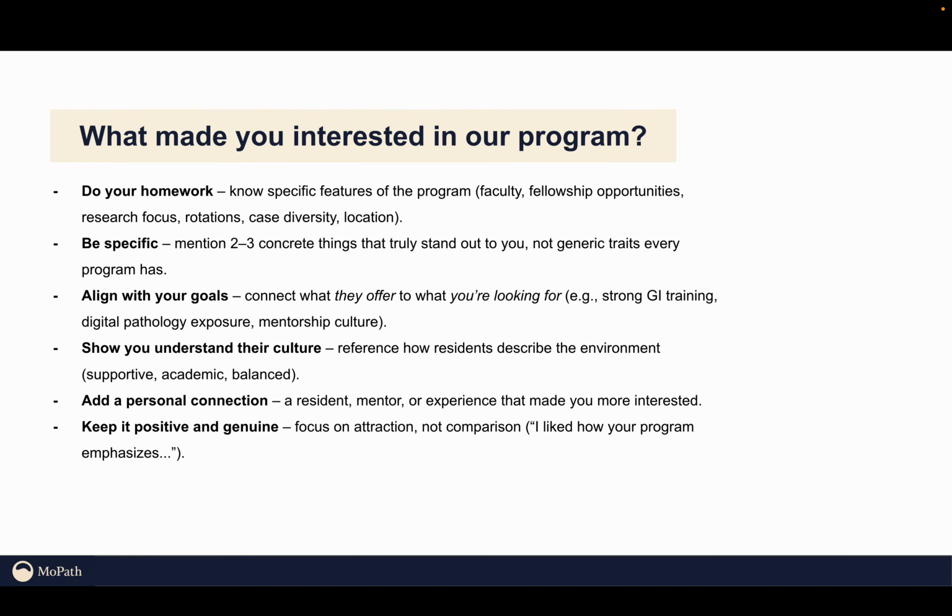Also, if you know any person from the program, let's say a mentor, resident, or faculty, you can ask them more about the program, and you could mention that in your answer: I asked this person from the program, and he gave me a good idea about the culture among the residents, or good information about the program. And as I said, it's good to mention multiple things.